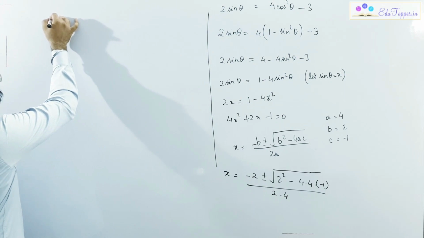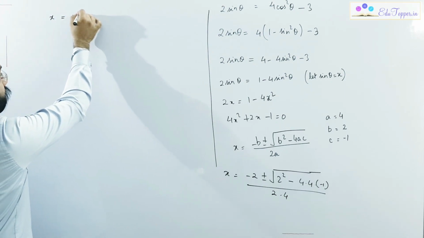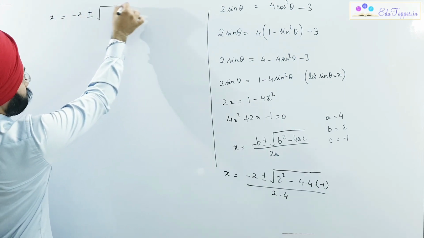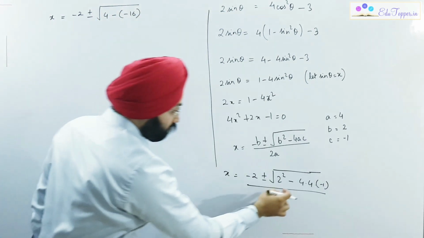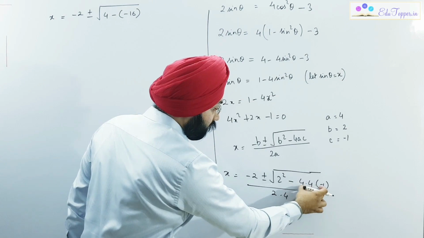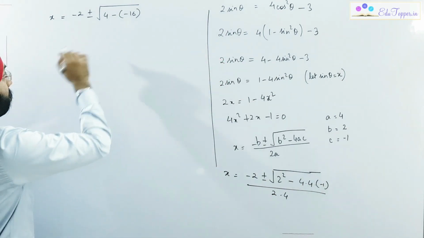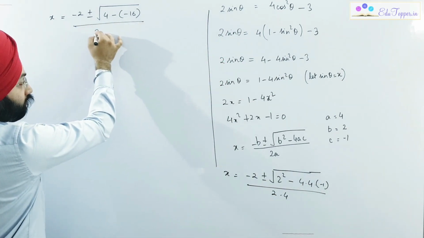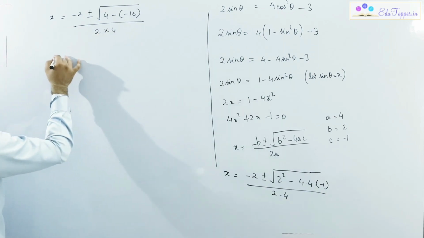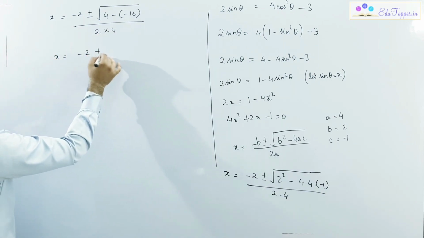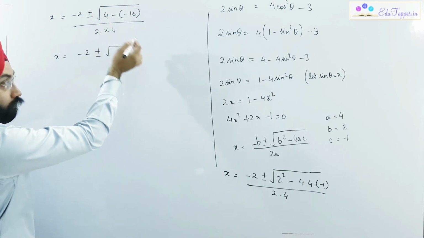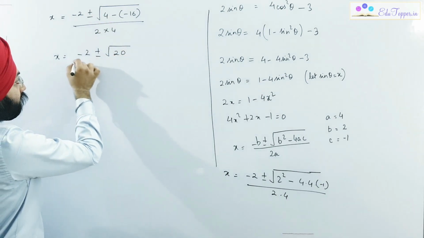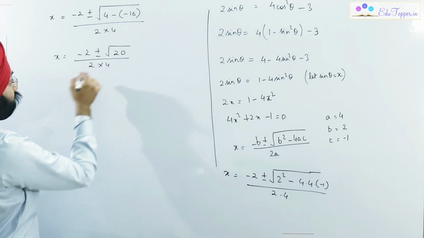Now x was equal to minus 2 plus or minus the root of 4 minus 16, this will be 4 into 4, 16 into minus 1, that will be minus 16, by 2 into 4. So x will be minus 2 plus or minus, this will be 4 plus 16, that will be root 20 divided by 2 into 4.